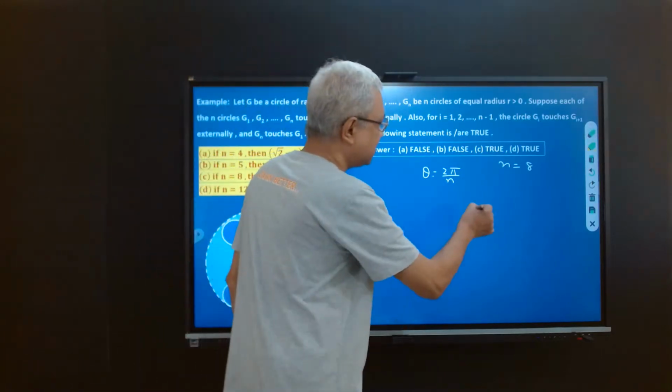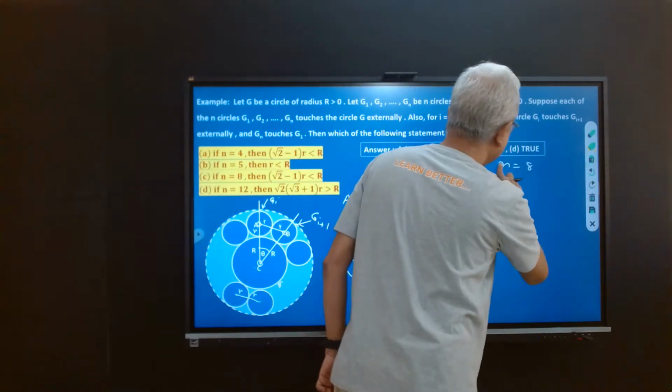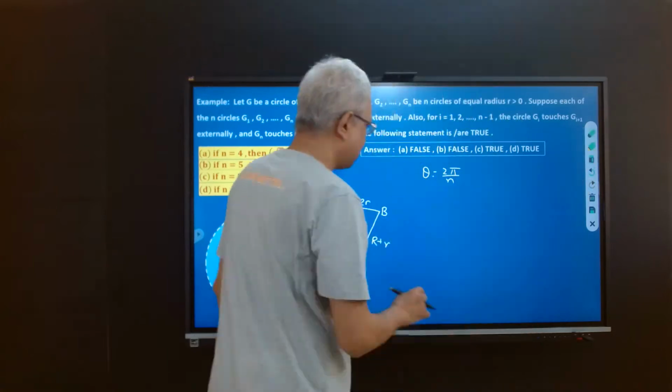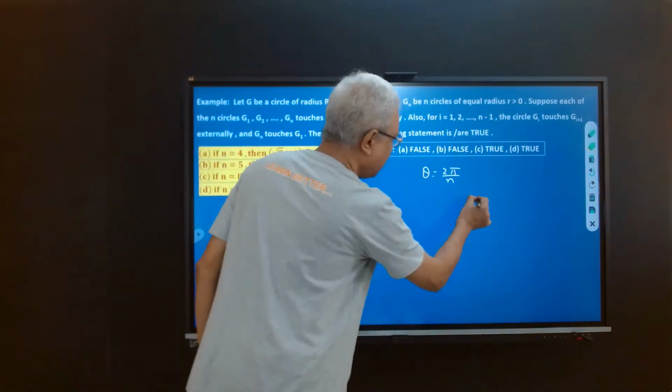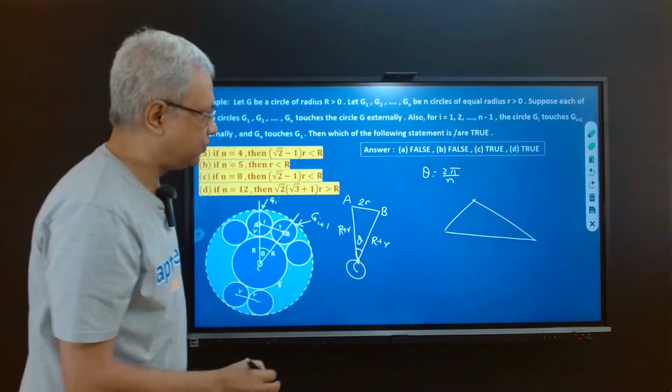For that, we just go back to trigonometric knowledge. I told in the beginning, this problem covers many aspects, many subjects together. So if you just consider a triangle, try to understand.